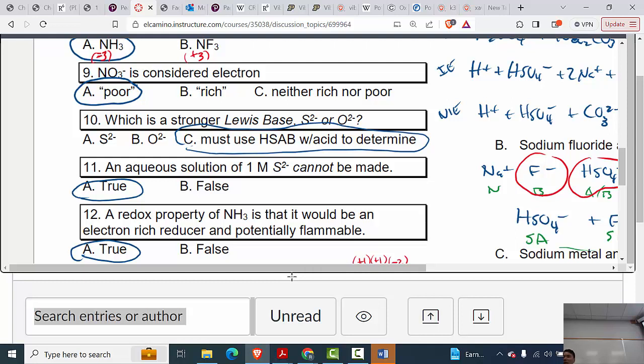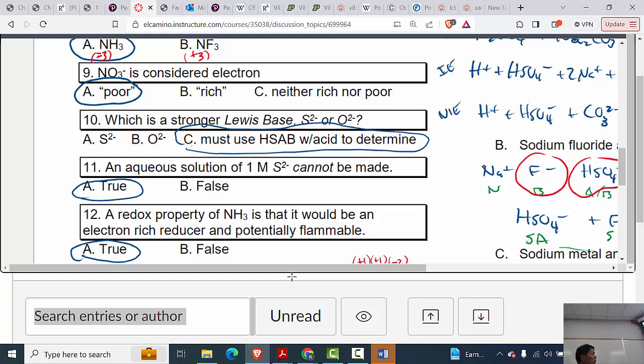Yeah, when we do linear combination of atomic orbitals to make new molecular orbitals, we want atomic orbitals that are similar. So a little atomic orbital with another little atomic orbital is good, hard, hard. Or a big atomic orbital with another big atomic orbital. And so we want orbitals that kind of match to make the new molecular orbitals. And so hard soft is simply hard likes hard, soft likes soft. That's it.